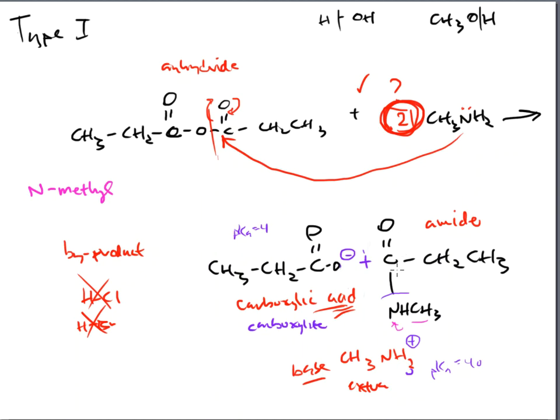I find the longest carbon chain that the amide is attached to. So carbon 1, carbon 2, carbon 3. So this is a propane. I drop the E and I add on the word amide. So N-methylpropanamide. Now, if I didn't want to do the propan, I could do a common name, propionamide, but we'll leave it here at the IUPAC name.